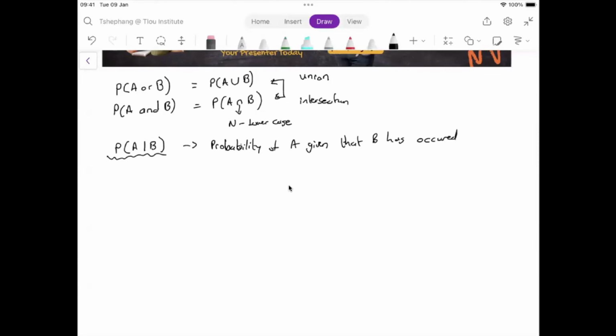But what does this even mean? What is the probability of it being cold given that it was snowing yesterday? That's what it means. Given that B has occurred, what is B occurring? B is snowing, and then A is it being cold. What are the chances that it's going to be cold given that yesterday it was snowing? I'm hoping it makes sense to everyone.